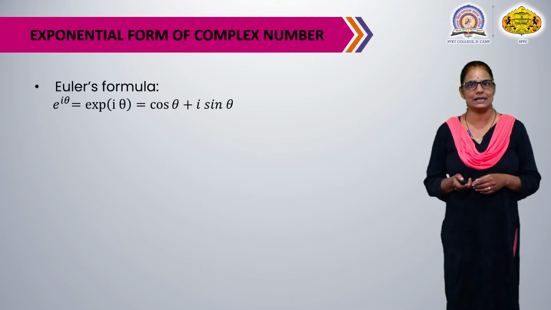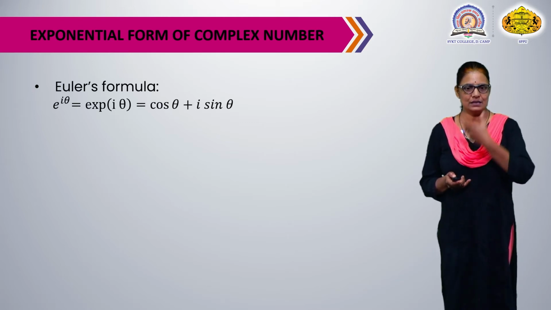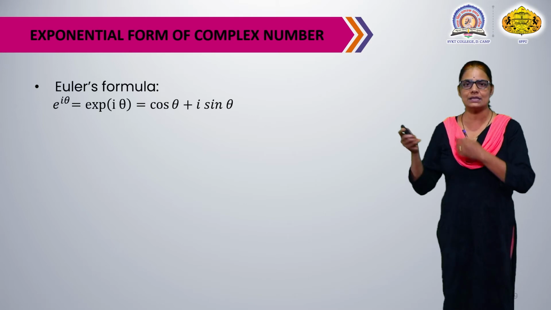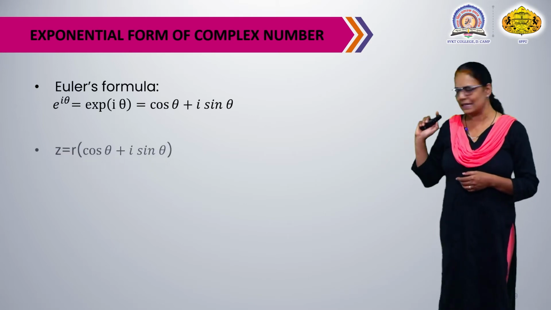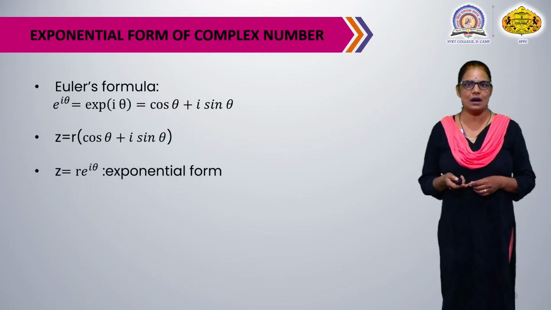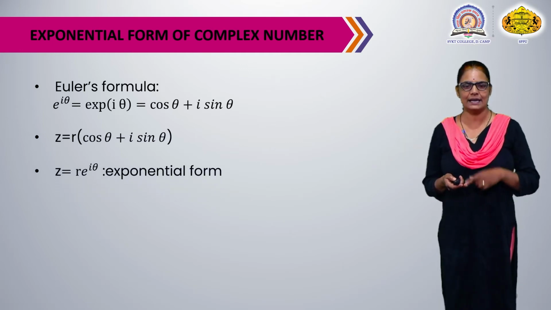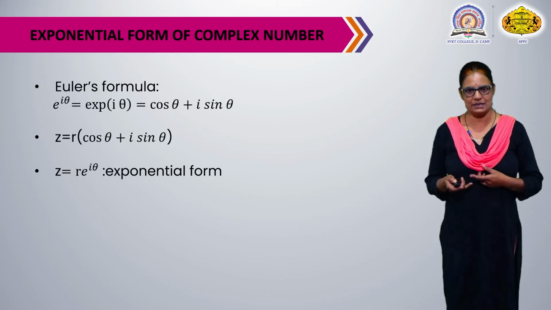As we know, the polar form is z equals r times the bracket cos theta plus i sin theta. The bracket cos theta plus i sin theta is replaced by e raised to i theta. So we get z equals r times e raised to i theta, and this form is called the exponential form of the complex number.